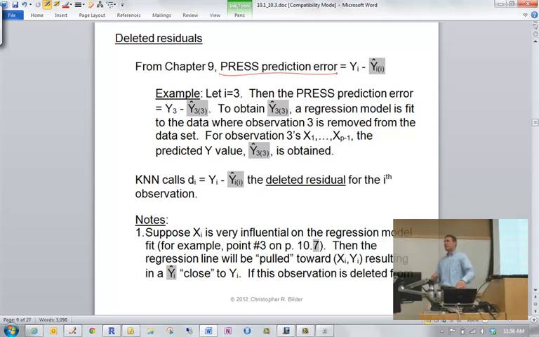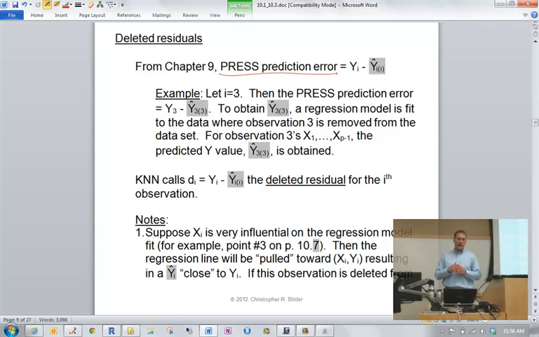prediction error. Take your response variable for, let's say, the ith observation, subtract off its corresponding predicted value, where the model that was used to come up with this prediction did not include the ith data value in its calculation to come up with the model. So that's what that y hat sub i in parentheses i stands for.